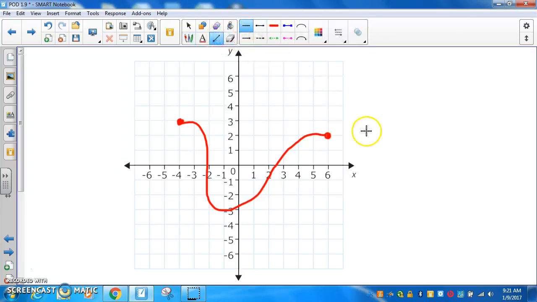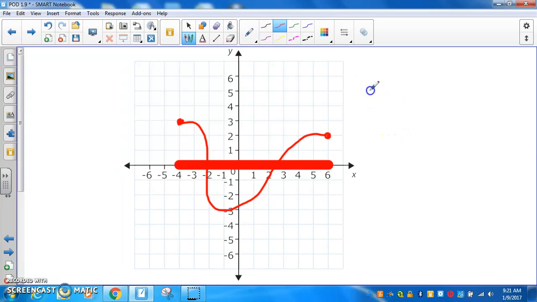So the important thing to remember is domain is the set of all inputs. So in other words, it's things on the x-axis. To make it really, really simple, if I start where my curve starts on the x-axis and I highlight where it ends, from here to here, that is my domain. Okay, I would say the domain here is from -4 to 6.